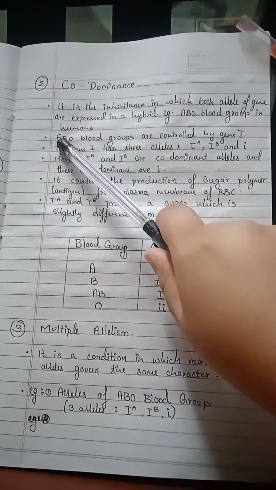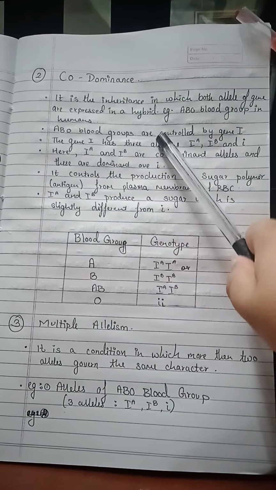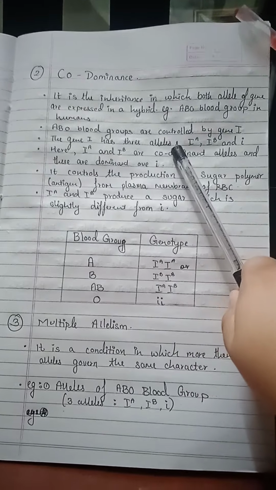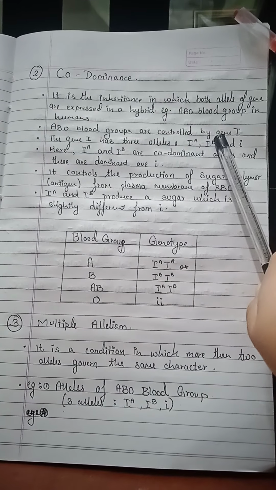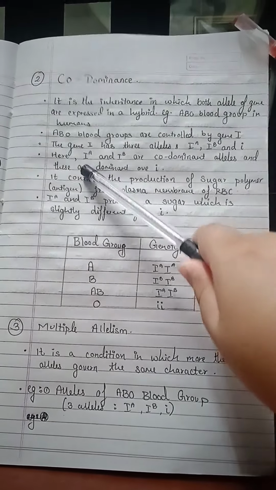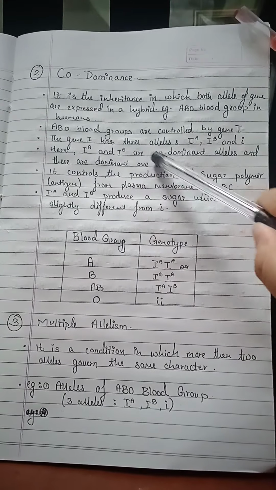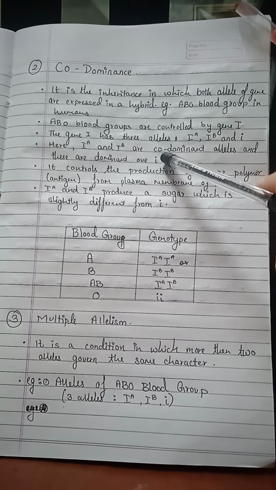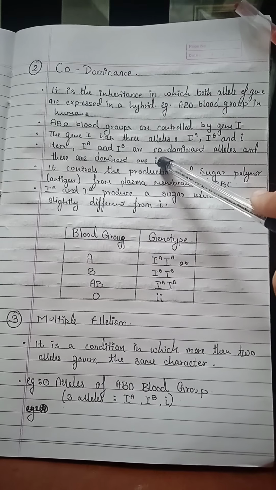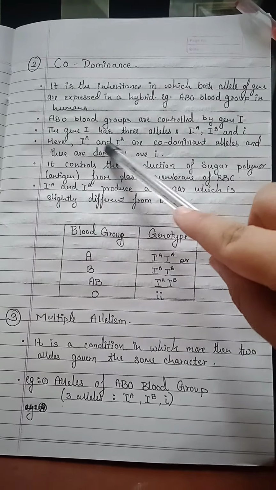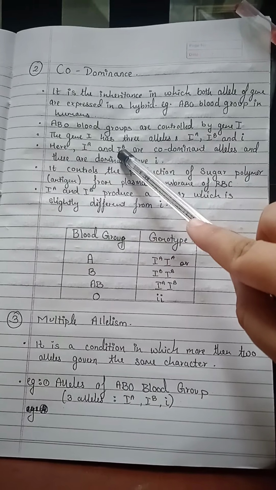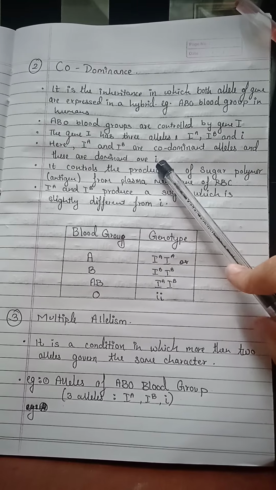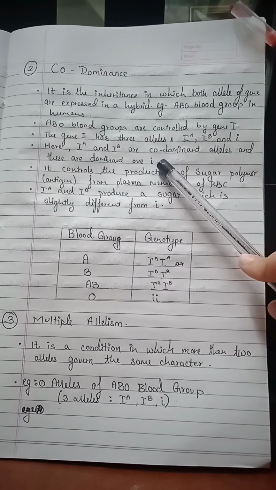Let's see how. ABO blood groups are controlled by gene I. Gene I has three alleles, IA, IB and small i. Here IA and IB are codominant alleles and these are dominant over small i. IA and IB are dominant characters while small i is the recessive one.